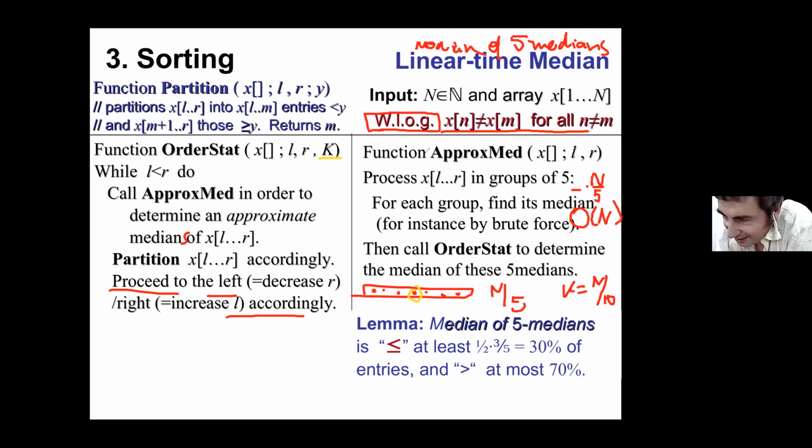And the interesting thing, the intricate thing about this construction is that both pieces, both order statistics and approximate median, need each other. The order statistics needs the approximate median in order to restrict the size of the area on which it calls itself recursively, and the approximate median needs the order statistics in order to calculate an exact median of the 5 groups.